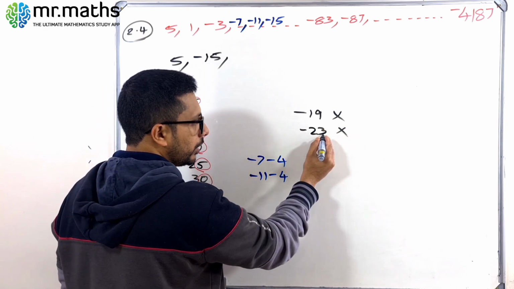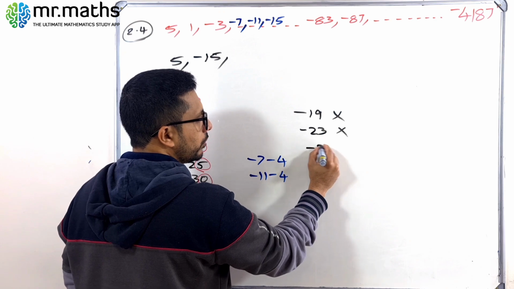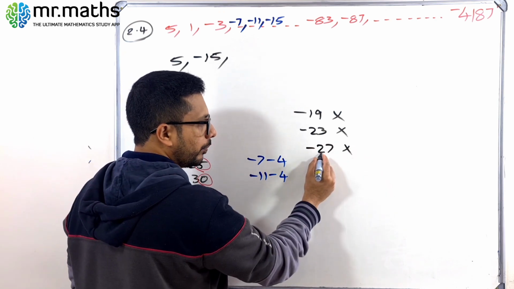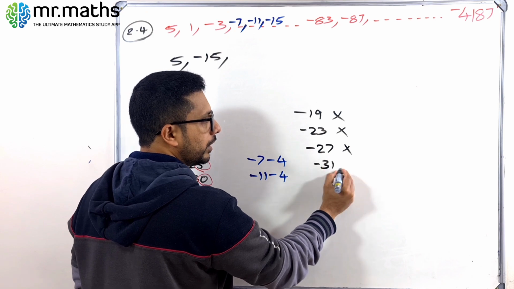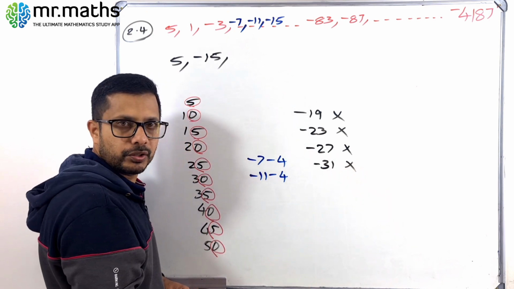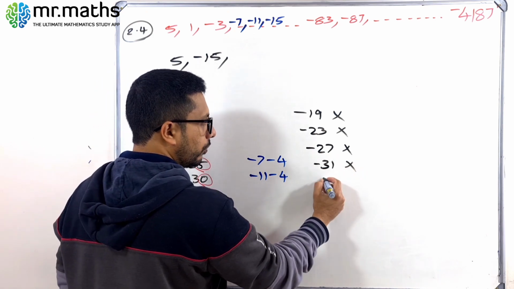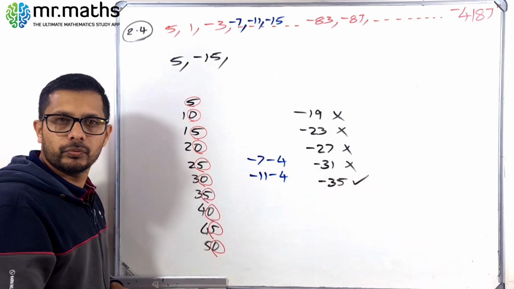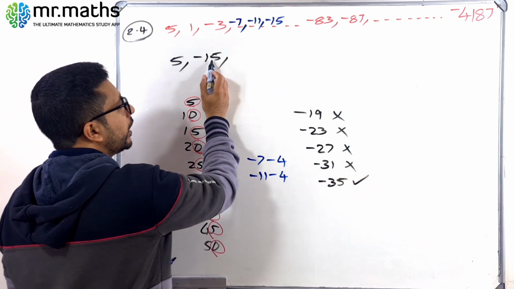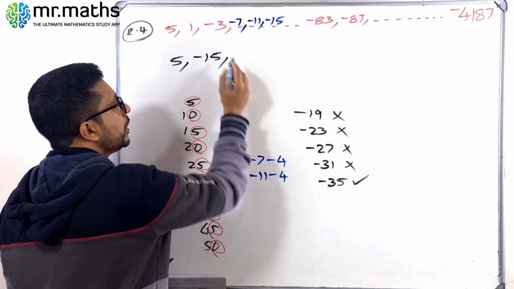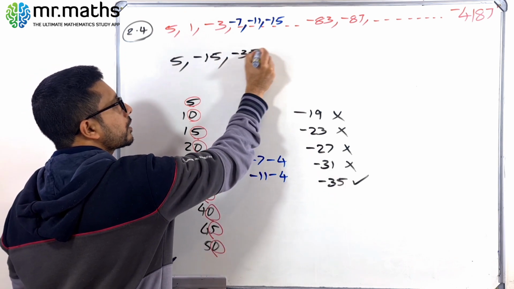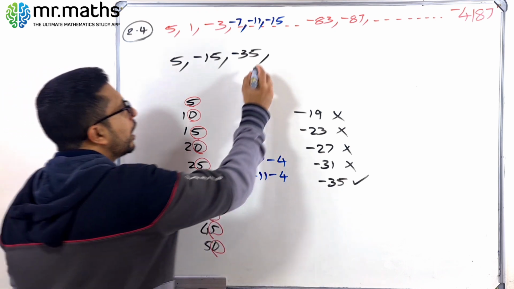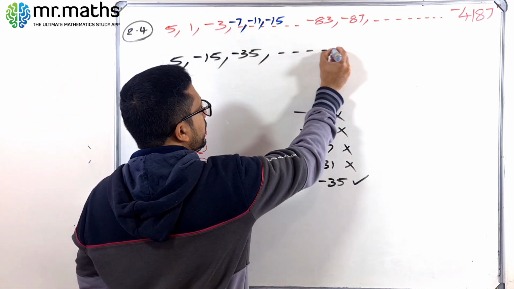Okay, minus 23 minus 4, minus 27, it's not divisible. Minus 27 minus 4, minus 31, it's not divisible by 5. Minus 31 minus 4, minus 35, yes, it is divisible by 5. So after this minus 15, the next term divisible by 5 is minus 35. Do you understand? Okay, so now etc, etc.